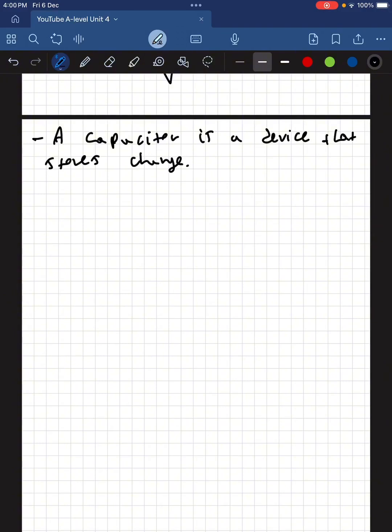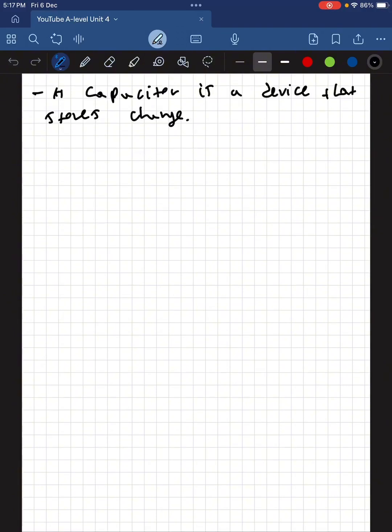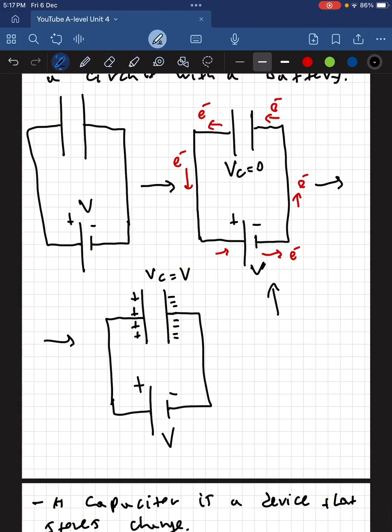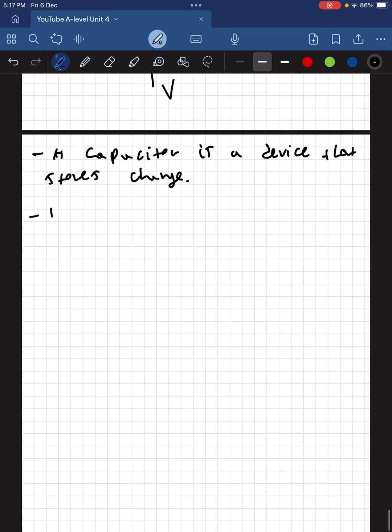Before we move on, there is one more thing I want to talk about regarding the circuit we just studied. Recall that current is the change in charge with respect to time, dq over dt, or delta q over delta t.